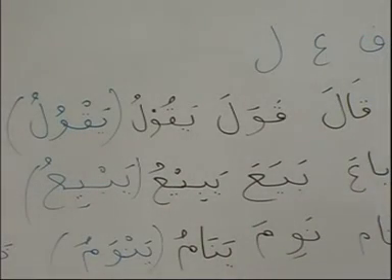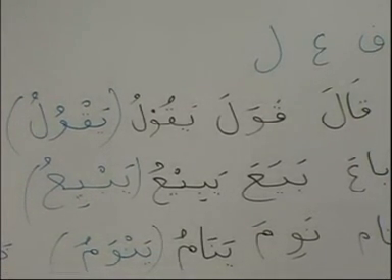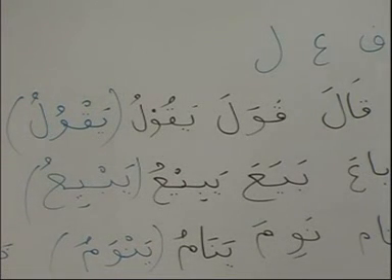Okay, brothers and sisters? Now, what happens? You start from ka'ala. Start conjugating ka'ala. Ka'ala, ka'ala, ka'lu, ka'alat, ka'alata, and then why kulna, brother?